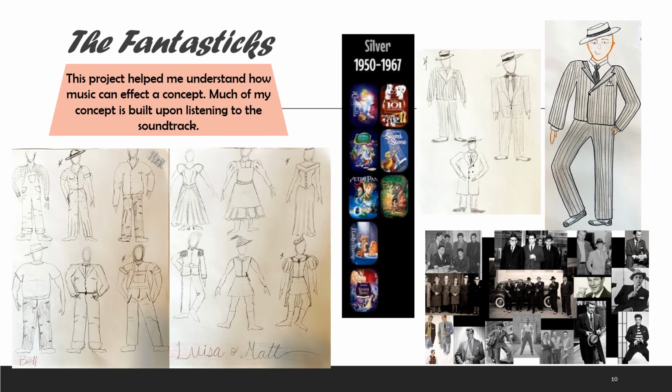The next show we designed was The Fantasticks, and this gave me experience working with a soundtrack as well as a script. So this gave me more inspiration to pull from, and when listening to the soundtrack, it sounded a lot like a Disney plot line and storyline to me.